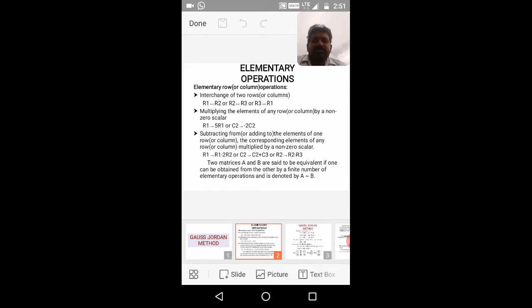Which operations we have to perform while doing these questions depends upon your logic, your practice, your maturity, and your concentration. All these things will decide what operations we have to use to solve the given questions. Okay, so going to the next slide.